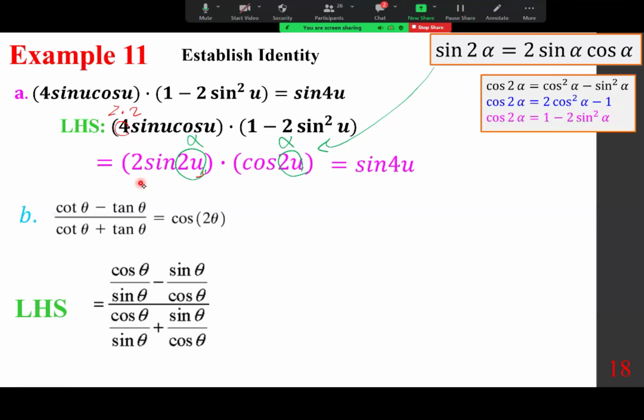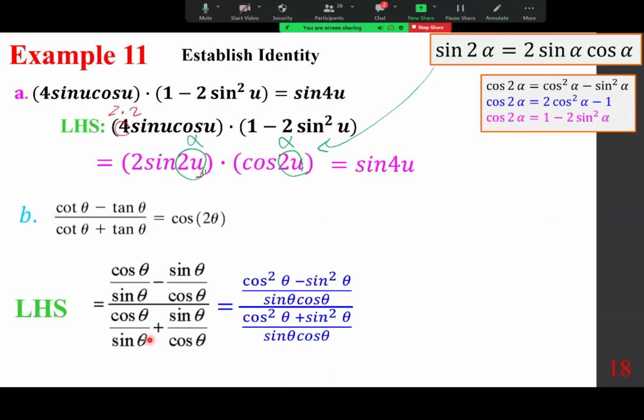Clearly, the common denominator is sine theta cosine theta. You can multiply the top and the bottom by it, or just take a common denominator. So this becomes cosine squared minus sine squared over sine theta cosine theta, and this becomes cosine squared plus sine squared over sine theta cosine theta.